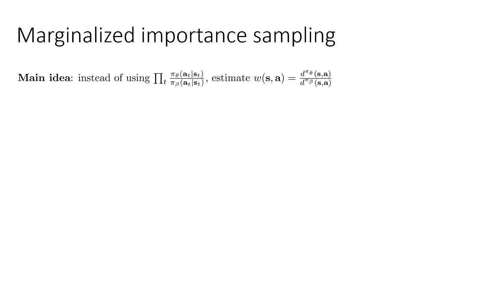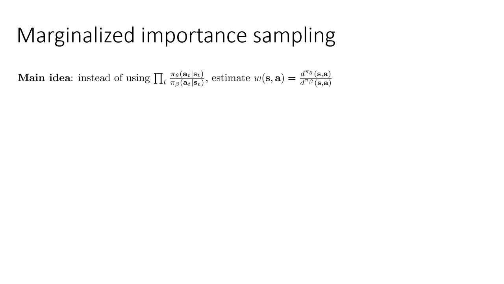Okay, there is one more topic that I want to very briefly cover. I'm not going to go into the technical details for this, but I just want to describe this so that all of you are aware it exists, which is marginalized importance sampling. So far when we talked about importance sampling, we always talked about the case where you're computing importance weights as ratios of action probabilities. But it is actually possible to do importance sampling with state probabilities.